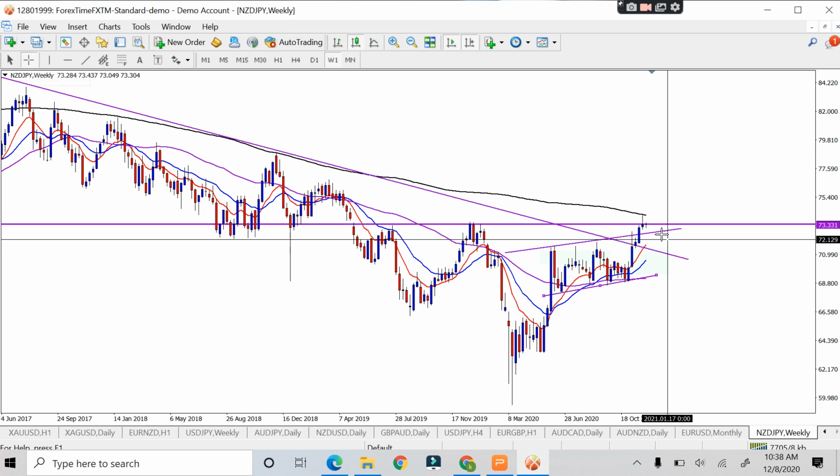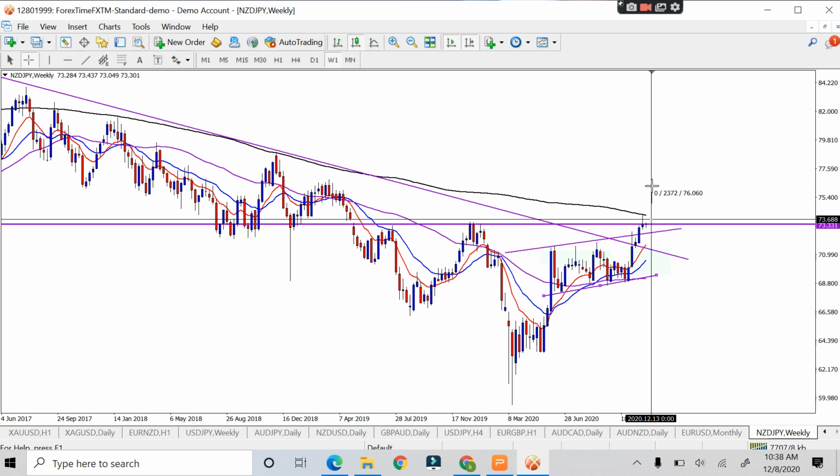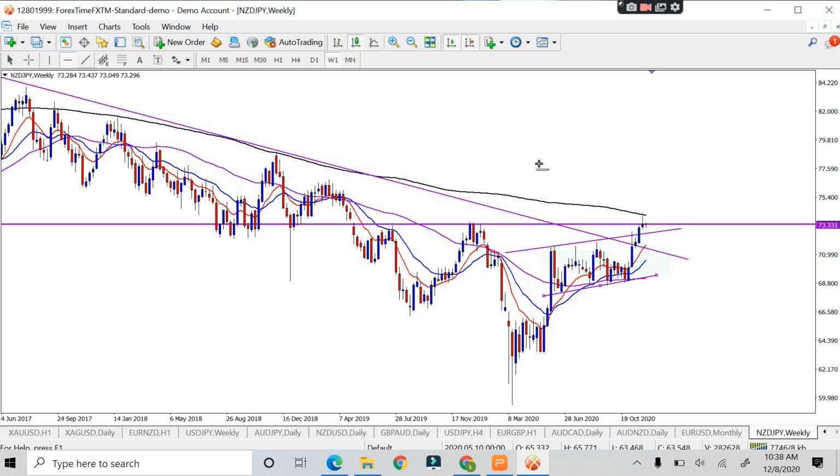Shrinking it down, where was it again? 76.044. Where is that? Somewhere there. Okay, 300 pips. That's 76.704. That will correspond to a resistance.